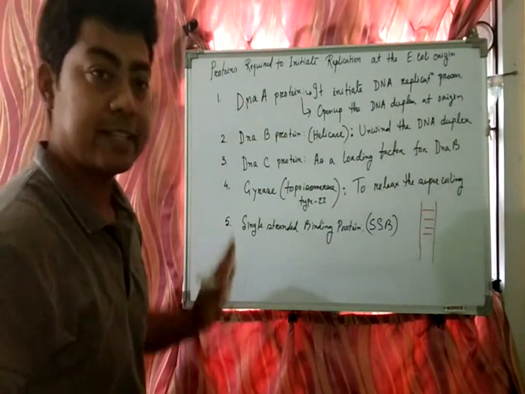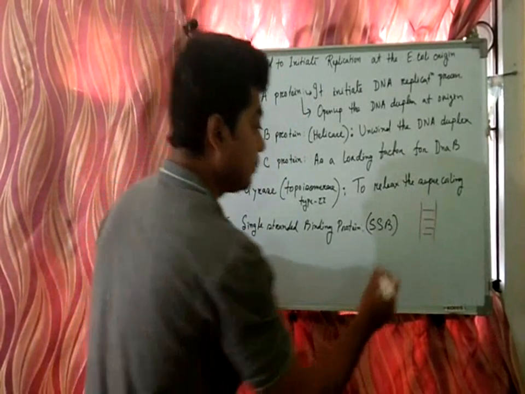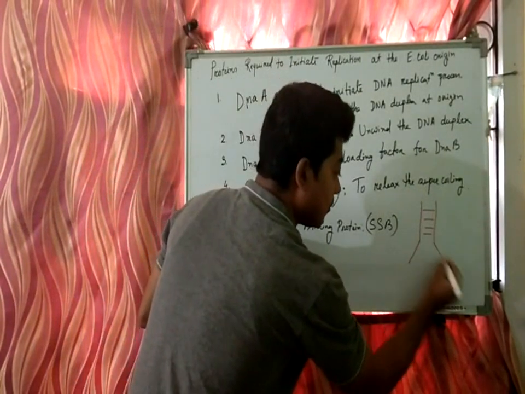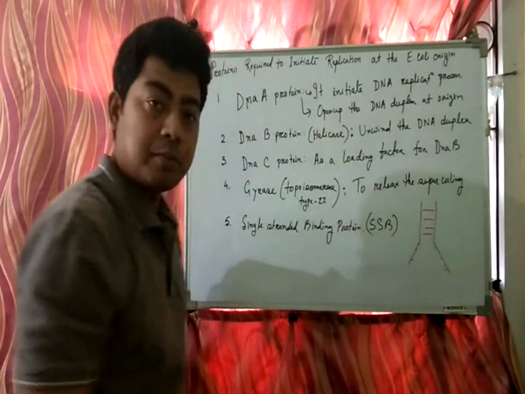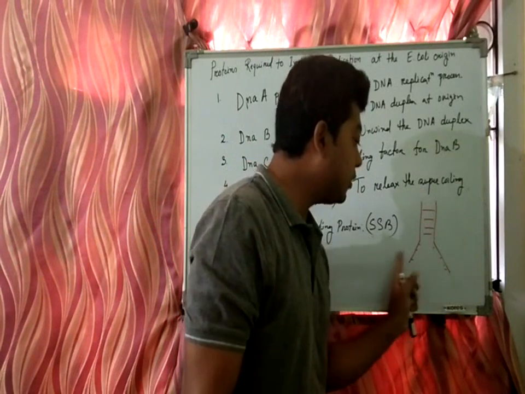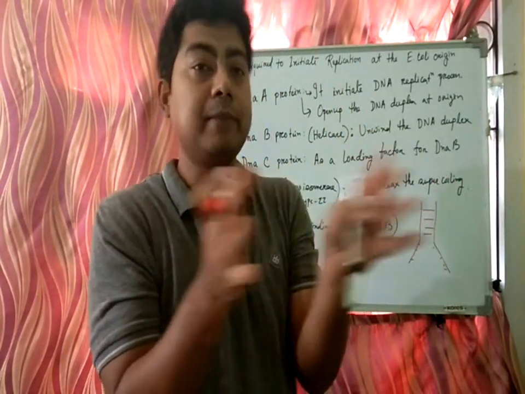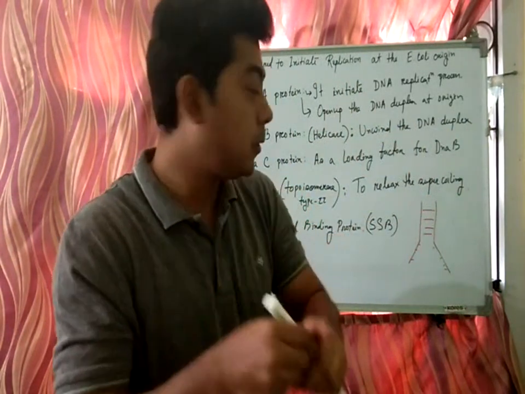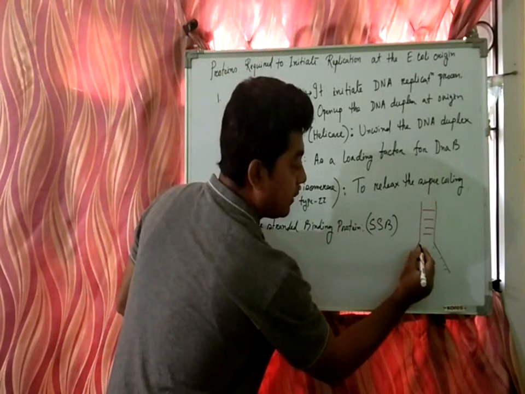Due to the helicase enzyme. Now it is open due to breakdown of hydrogen bonds. As complementary nucleotides are there, they again try to form hydrogen bonds and become double-stranded. So this single-stranded binding protein will bind here.